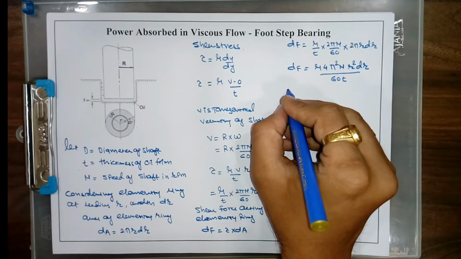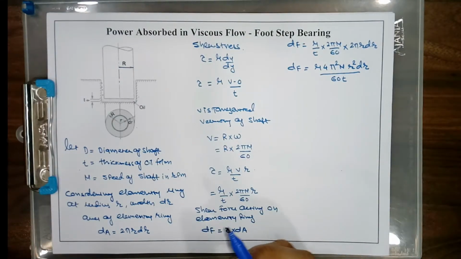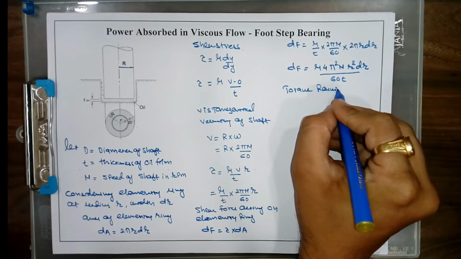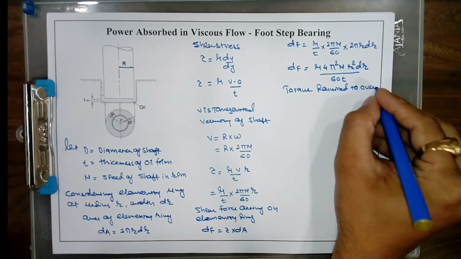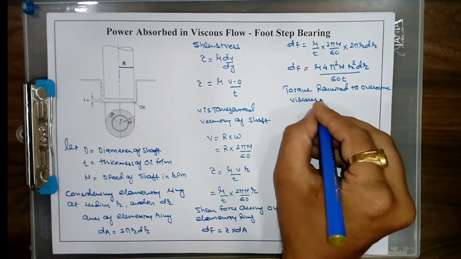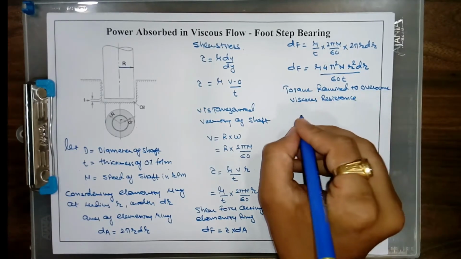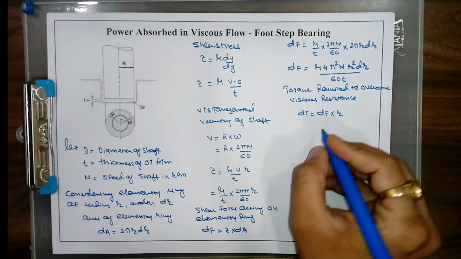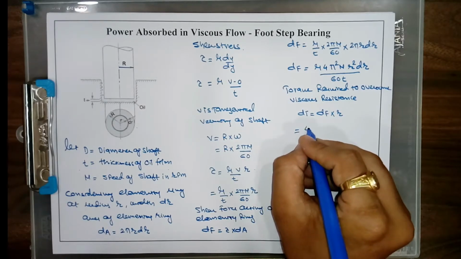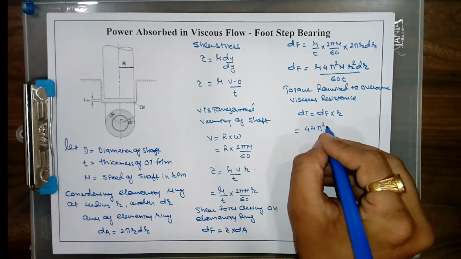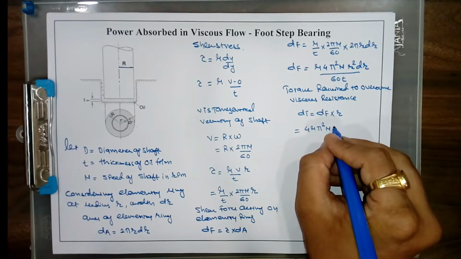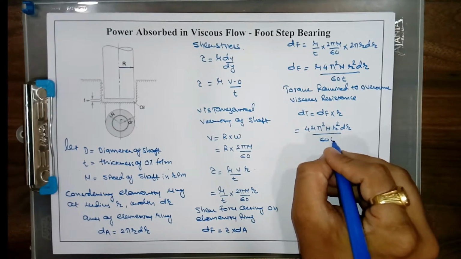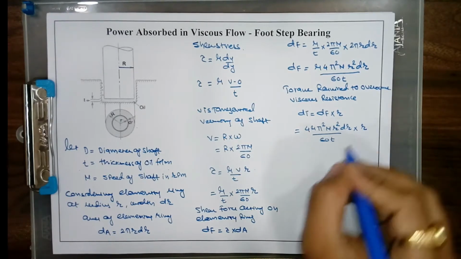Now students, we calculate the torque required to overcome this viscous resistance. So dT equals dF into r. So we get 4 mu pi square N r square dr divided by 60t into r.